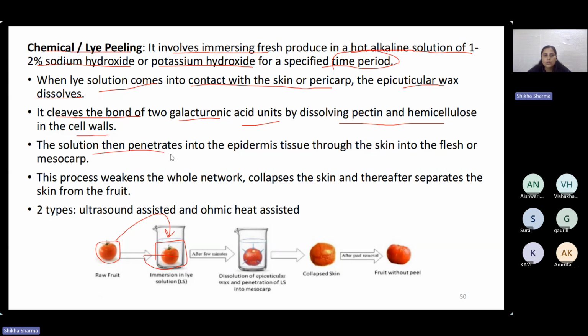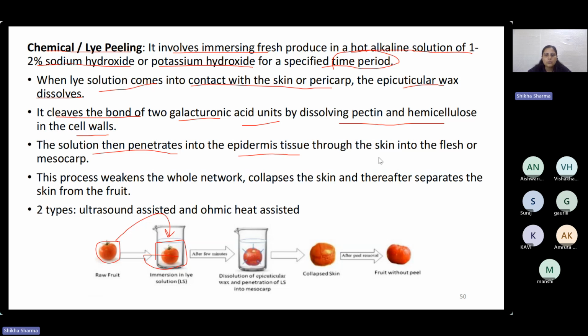The solution then penetrates the epidermis tissues through the skin into the flesh or mesocarp. This process weakens the whole network of the skin, and the skin structure will collapse, and that's why it will separate from the fruit.